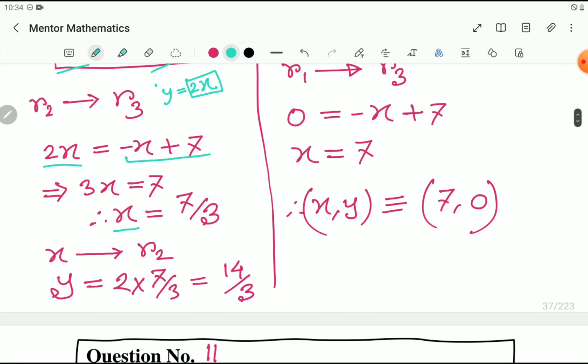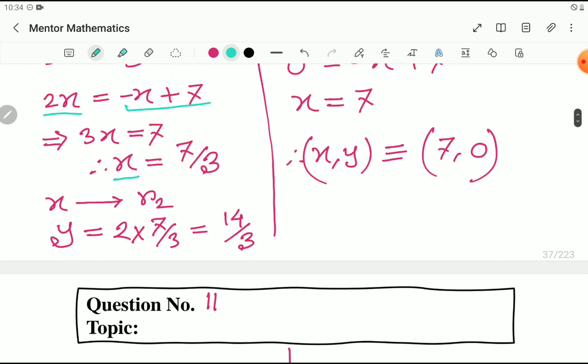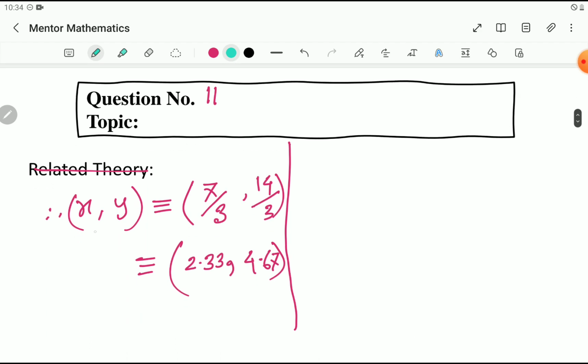Okay, so now we find the value of x. Now what we can do, we can input the value of x into R2, then we get the value of y. So that is 14 divided by 3. So we can write the coordinates x, y: value of x is 7/3, value of y is 14/3, which is actually 2.3 and 4.7.